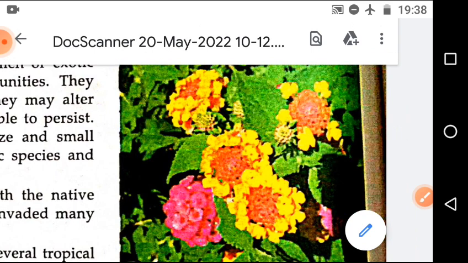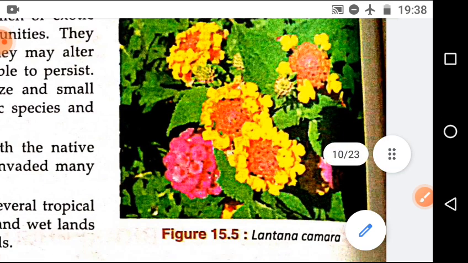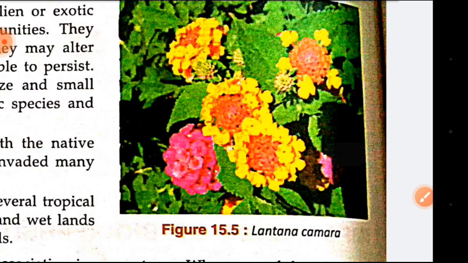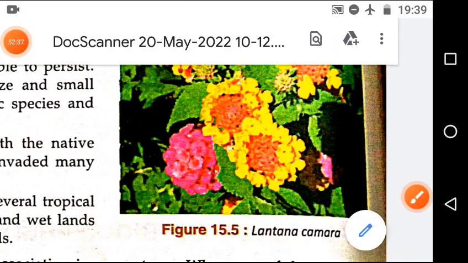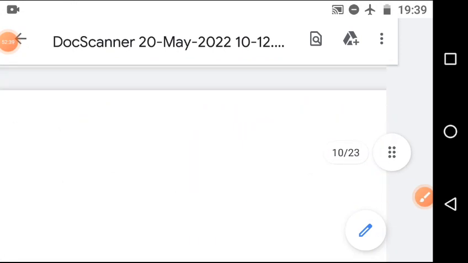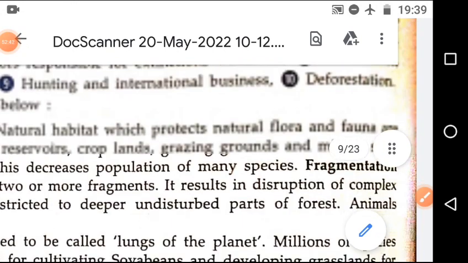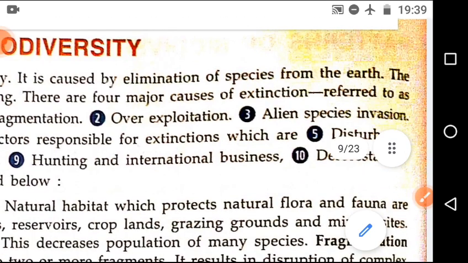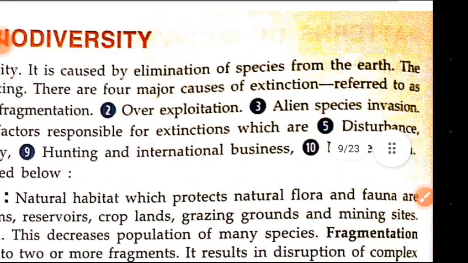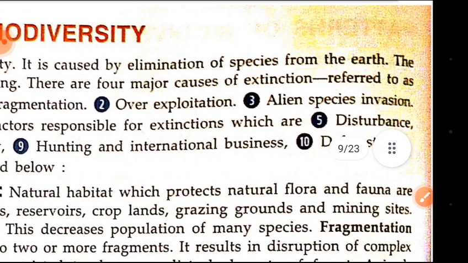And this plant is occupying a pretty large area and causing extinction of the native species of plants. Its scientific name is Lantana camara. In Bengali I don't know what the name of this plant is. So in different ways alien species are interfering with our ecosystem due to the weakness of our particular ecosystem.